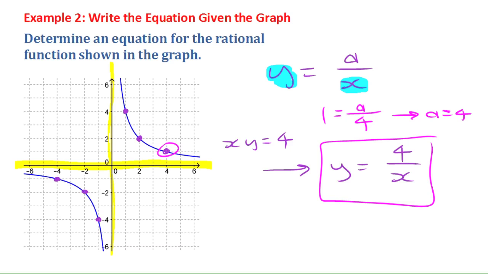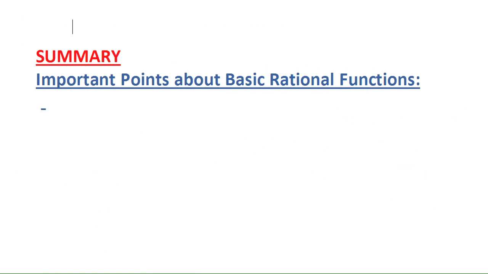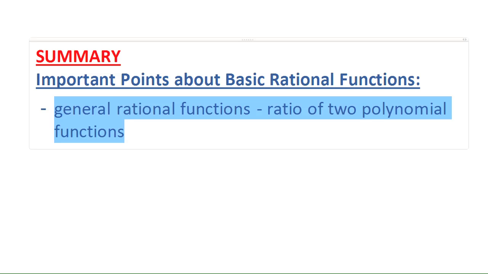Now, just before we wrap things up here, I think it'd be wise to summarize some of the important concepts we've seen. Although we looked at basic rational functions, the first thing we looked at is rational functions in general and how they are the ratio of two polynomials. We're going to look at more complex rational functions later on, but for now we looked at basic.